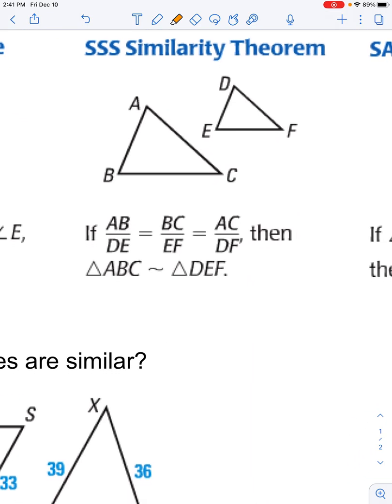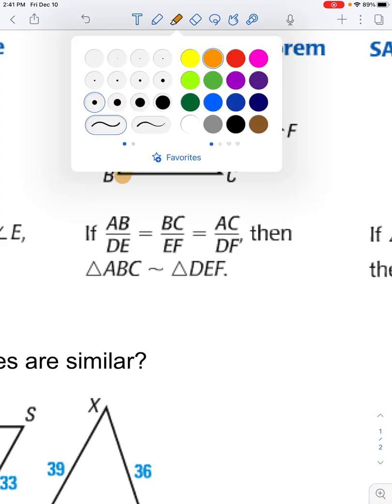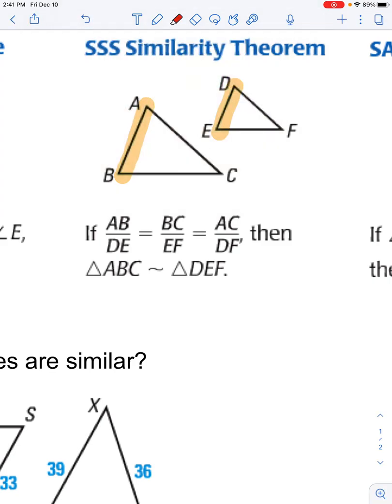So it's kind of like that side similarity theorem. Line AB is not the same as line DE, it's proportionate. And line BC is proportionate with line EF, and line AC is proportional to DF.